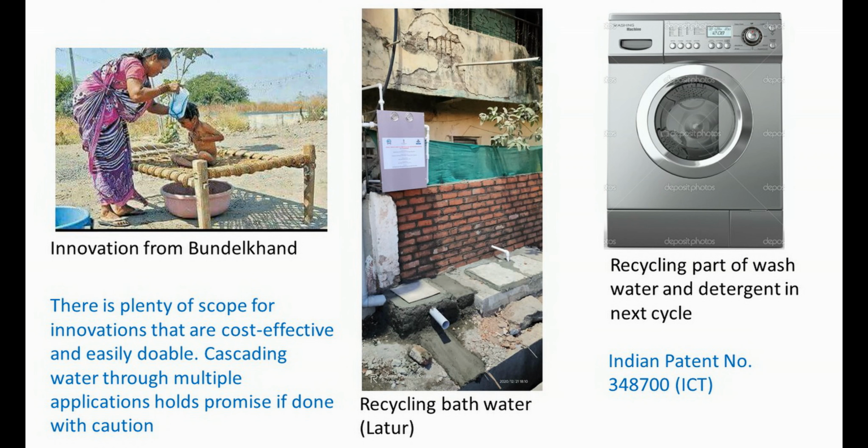Like, for example, this, I'm so happy that last year ICT got a patent on this, where it seems to me such an important problem that every time we use our washing machine, we are consuming something between 80 and 120 liters of water, between the initial washing cycle and then the rinse cycle, after you give a wash and do that.